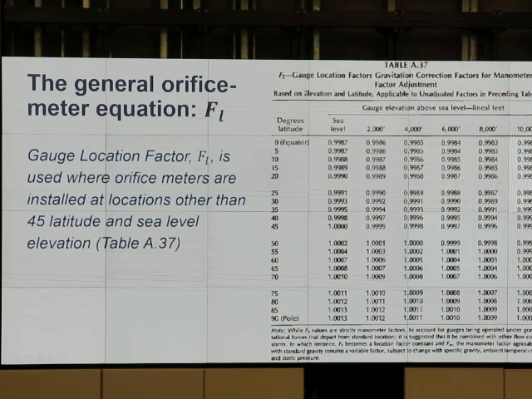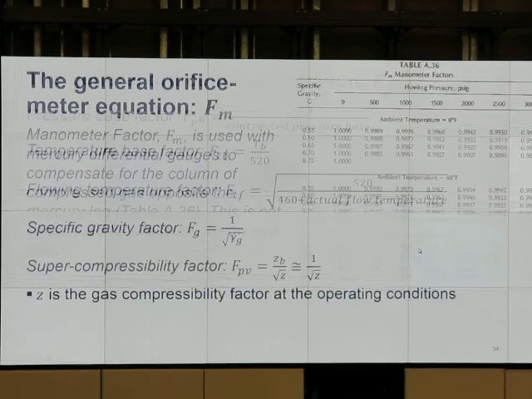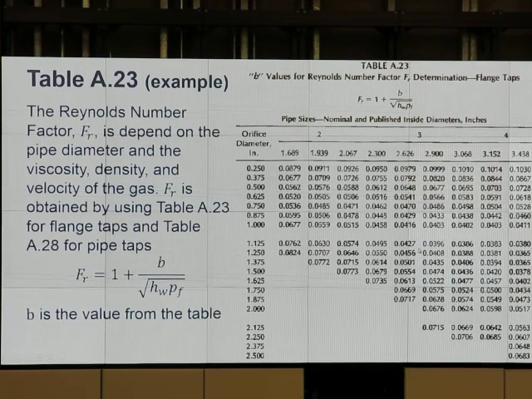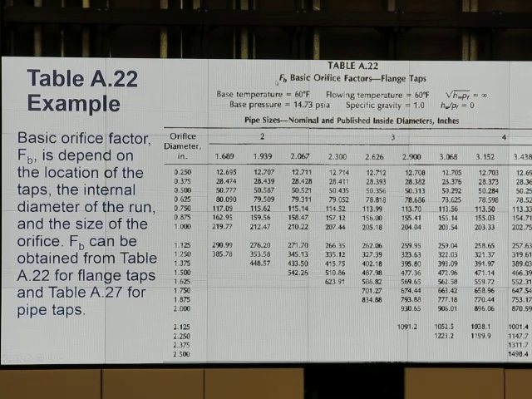F sub R, gauge location, doesn't change much. The one that changes a lot is F sub B, the basic orifice factor. So if the pumper changes the hole in the orifice, thinking I have too much pressure drop, let's use a bigger one, so I go from 159 to 212. It's a problem.